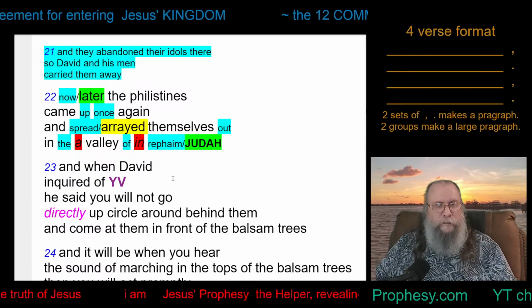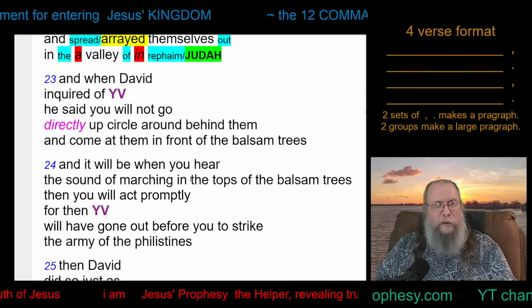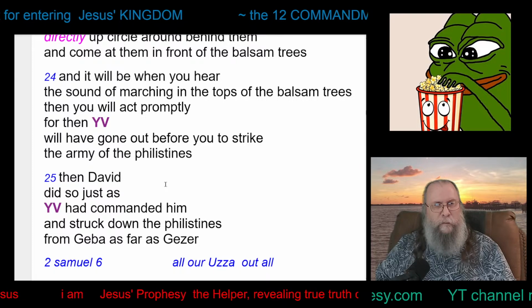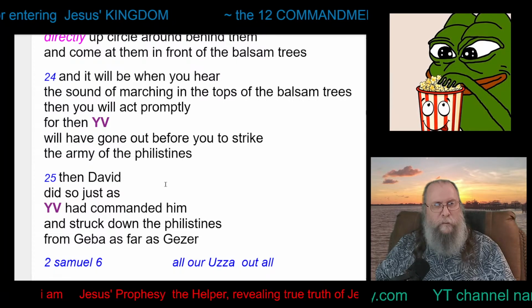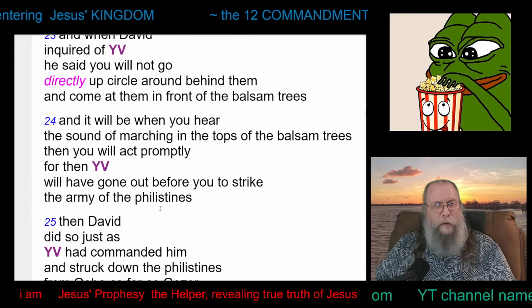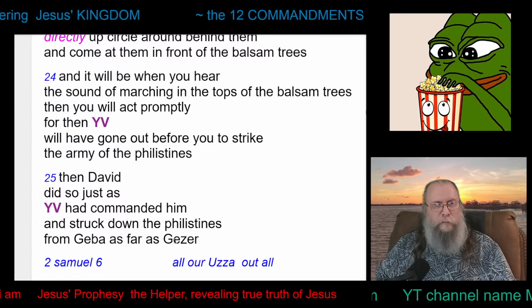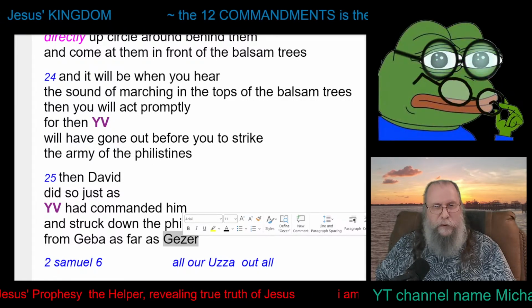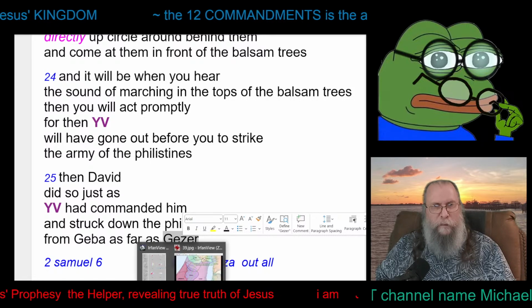Now it's going to have an ambush for them. Now it's fire as Gazer. Now let's see, I just showed you that map.